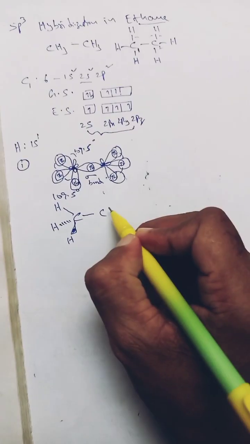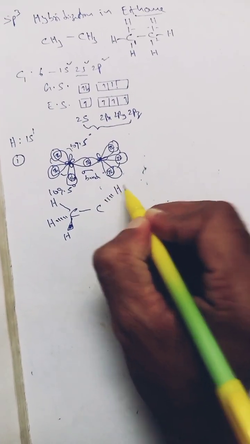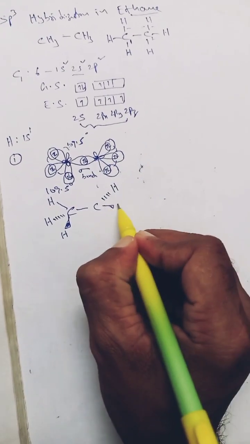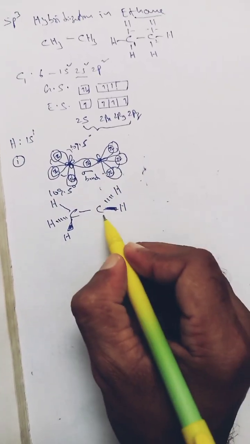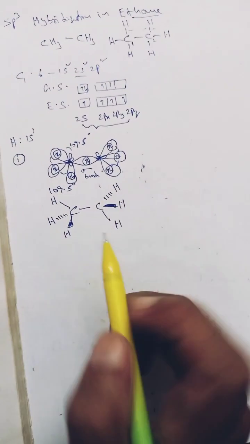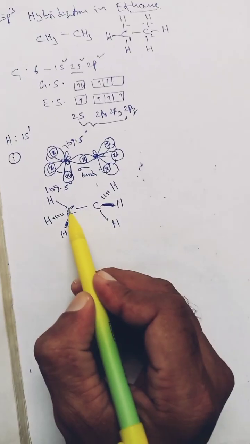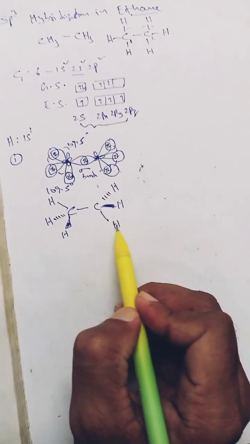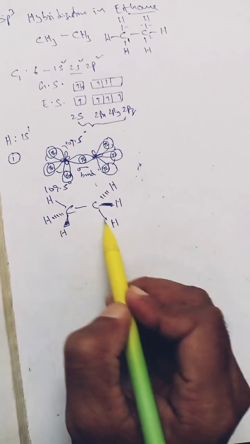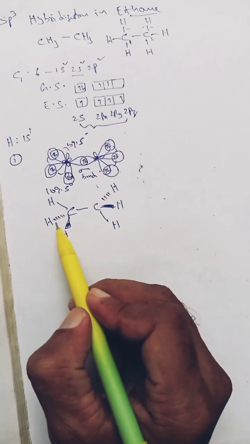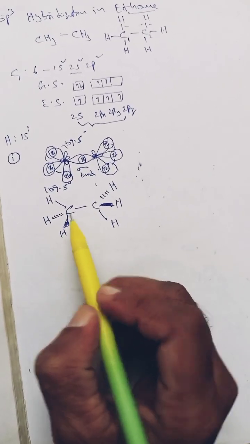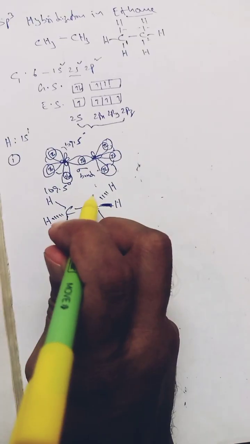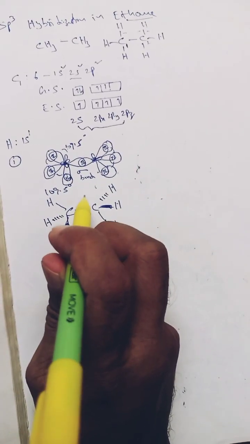This bond is on the paper, this bond is on the paper, this bond is on the paper. So that is the shape. The dotted bond means inside the paper, and the wedge bond means above the plane, above the paper.